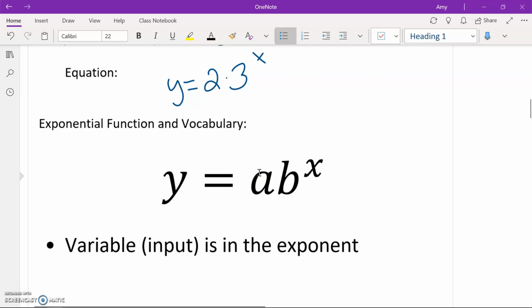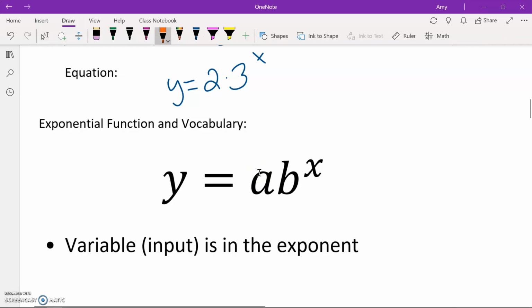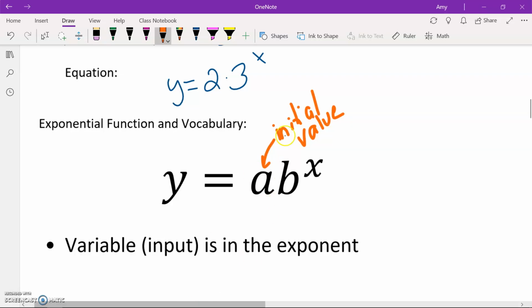Now that a is going to be what we call the initial value. It is what you start at. It is where your function starts. A lot of exponential functions are used in real-world scenarios, and your a is going to be the starting value of that scenario.